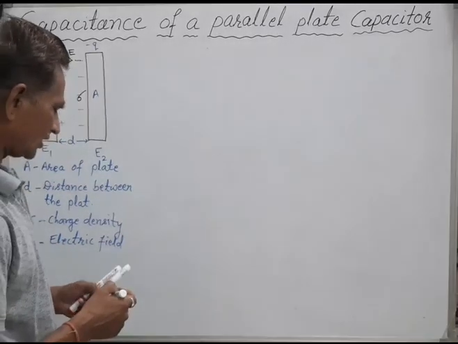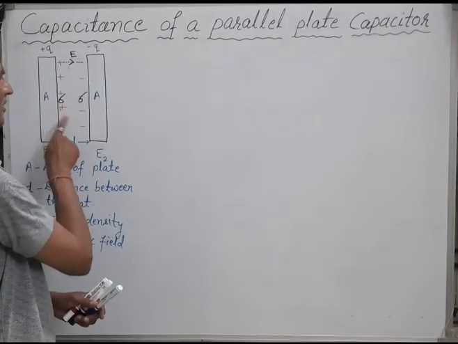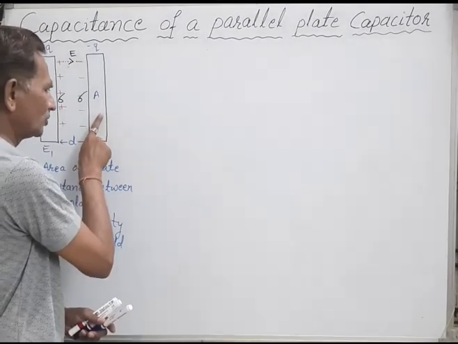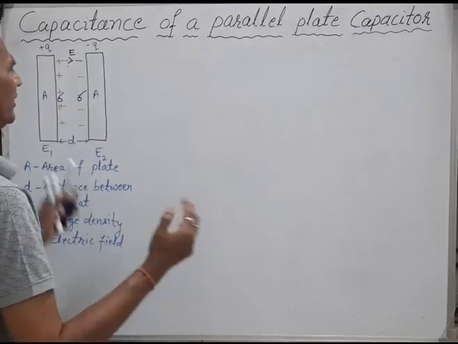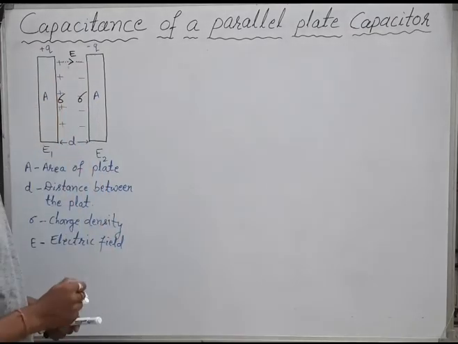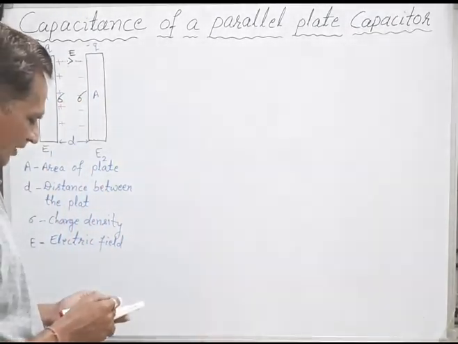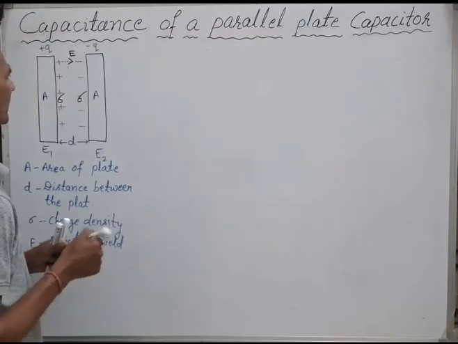Now let us find out the electric field due to this plate and the electric field due to this plate, and by adding these two electric fields, we can get the net electric field between the two plates of the capacitor.